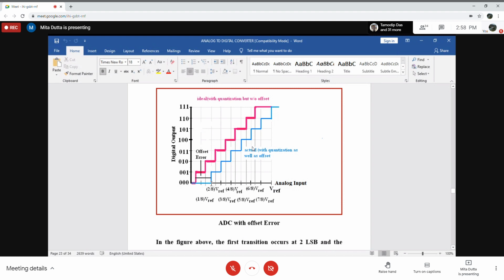For this range of analog input voltage, we will get the digital output to be zero.